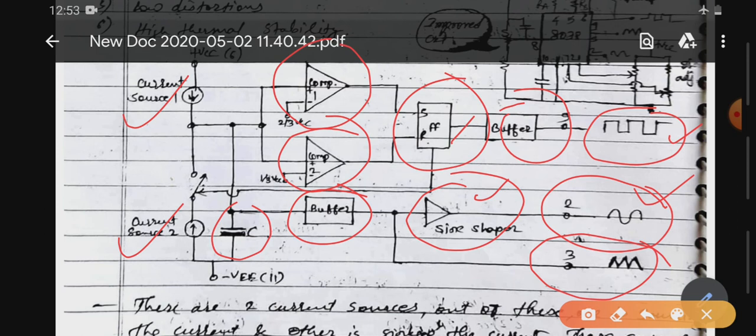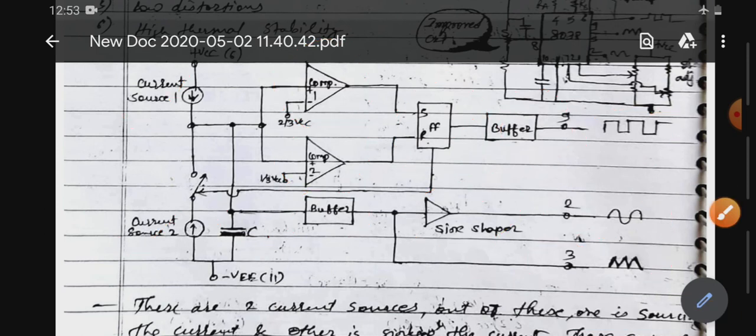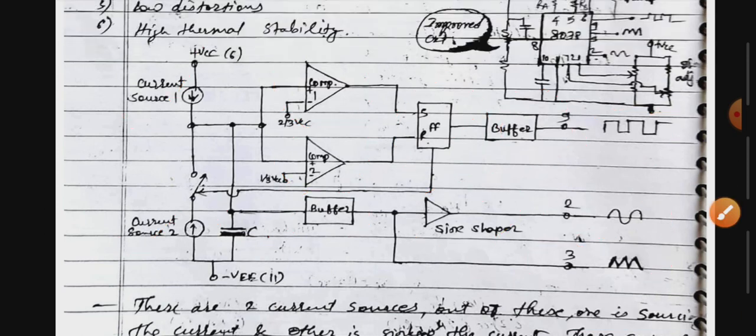So how does this circuit actually work? This is the internal circuit. You can say there are two current sources. Out of these two current sources, one is sourcing the current and the other is sinking the current.